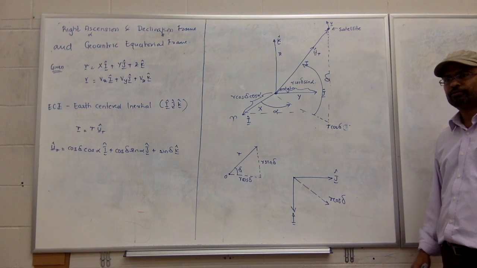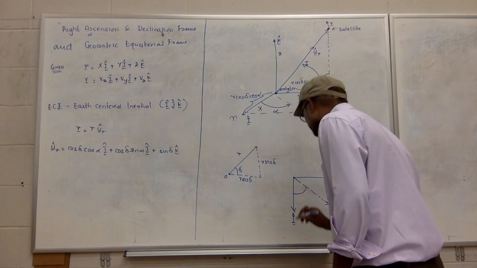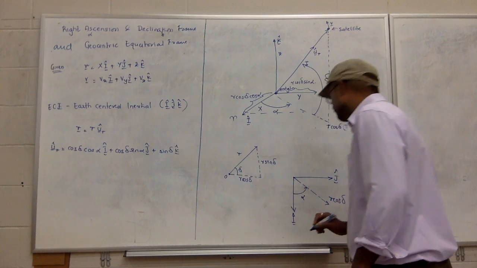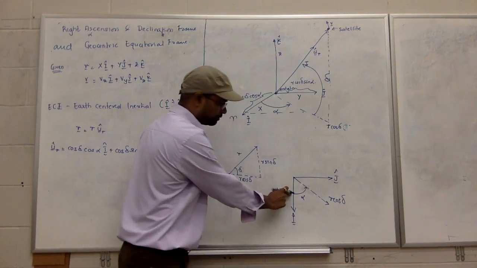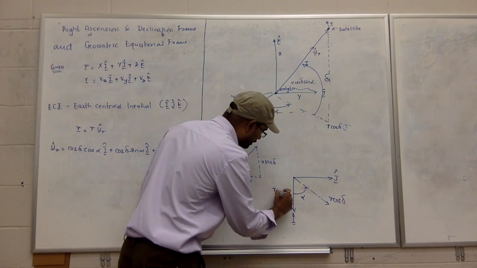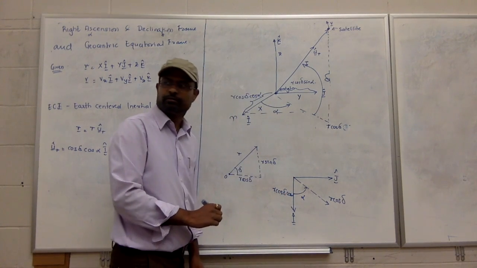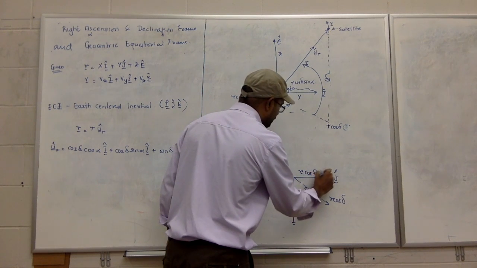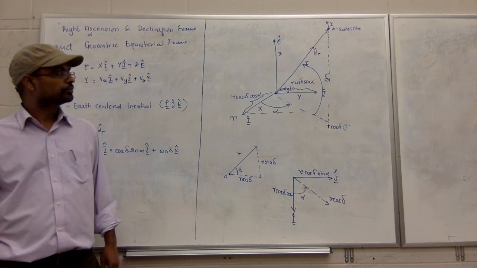Make sense? What is this angle? Alpha. What would this side be? It will be R cosine delta cosine alpha. And this would be R cosine delta sine alpha.